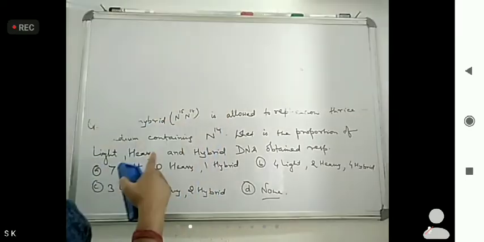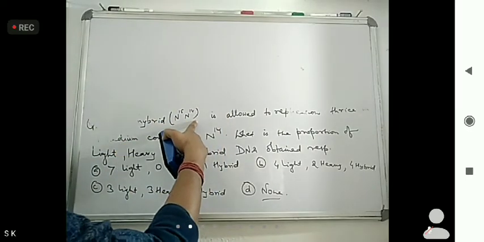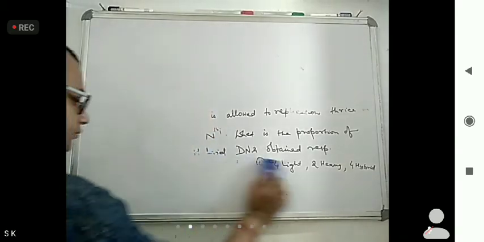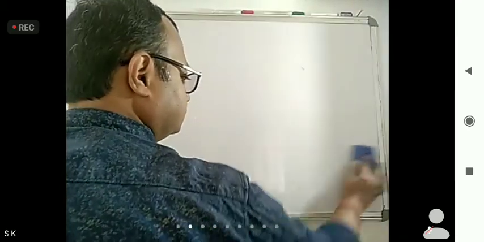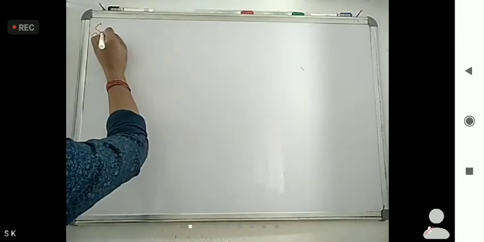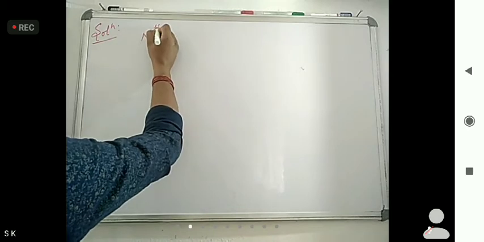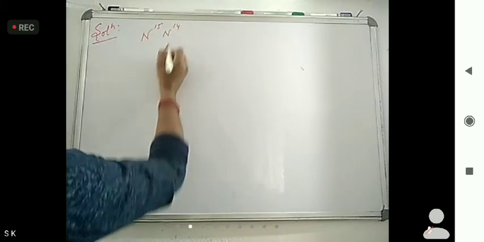In the question only hybrid is given. I have written this so that you understand N15 and N14 means hybrid. This is not given in the question. What was told? N15 and N14.